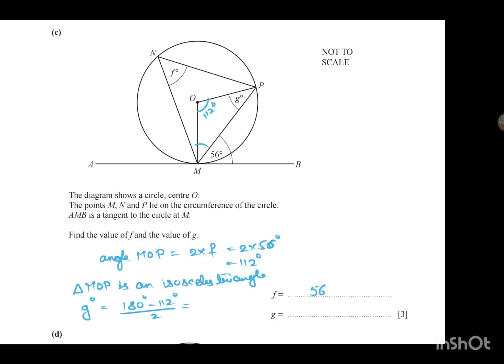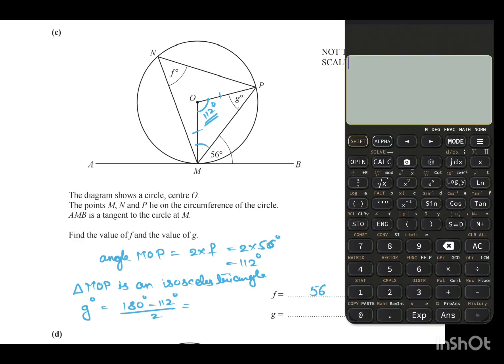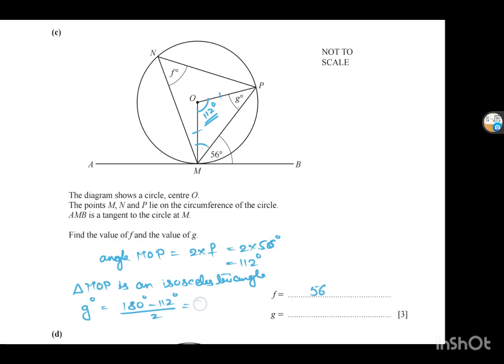These two sides are equal, so these two angles will be equal. So when I subtract 112 from 180, I get the sum of these two angles. So if I divide by 2, I get the angle G. 180 minus 112 by 2 is 34. So it is 34 here. Angle G is 34. Question number C is done.